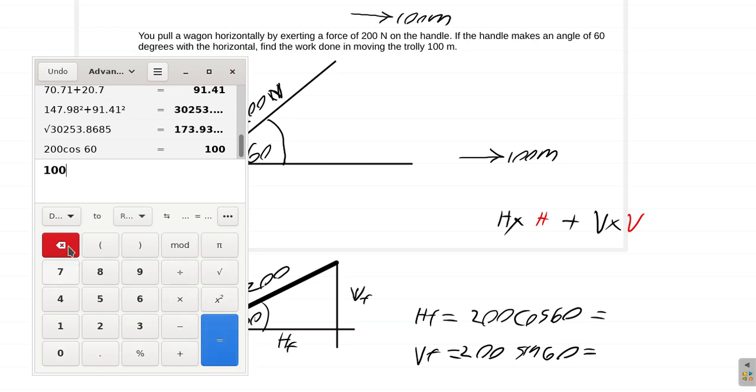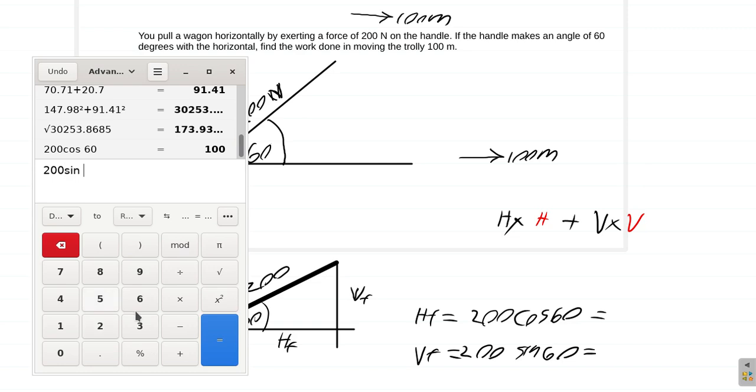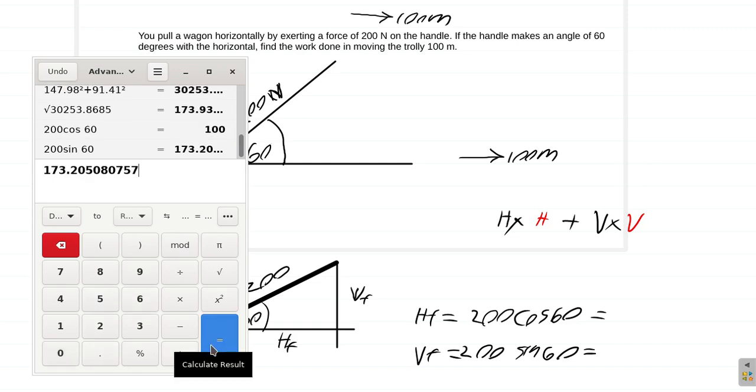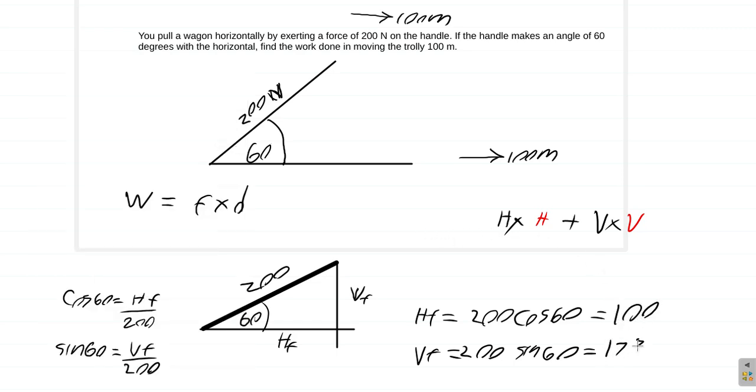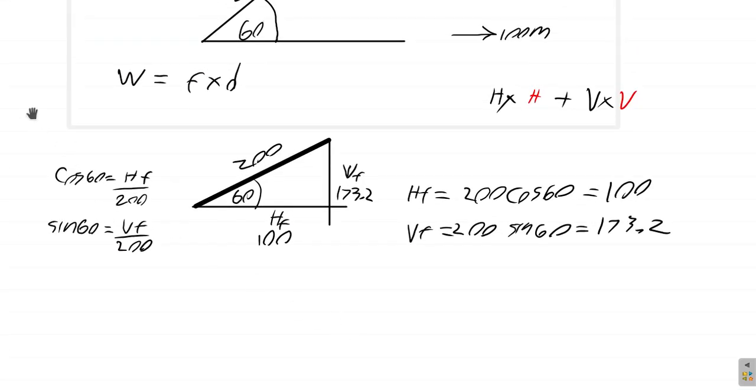And then the other calculation is 200 sine 60, 173.2. You see that? So the horizontal is 100 and this one is 173.2. Does look like it, but it was not drawn to scale.